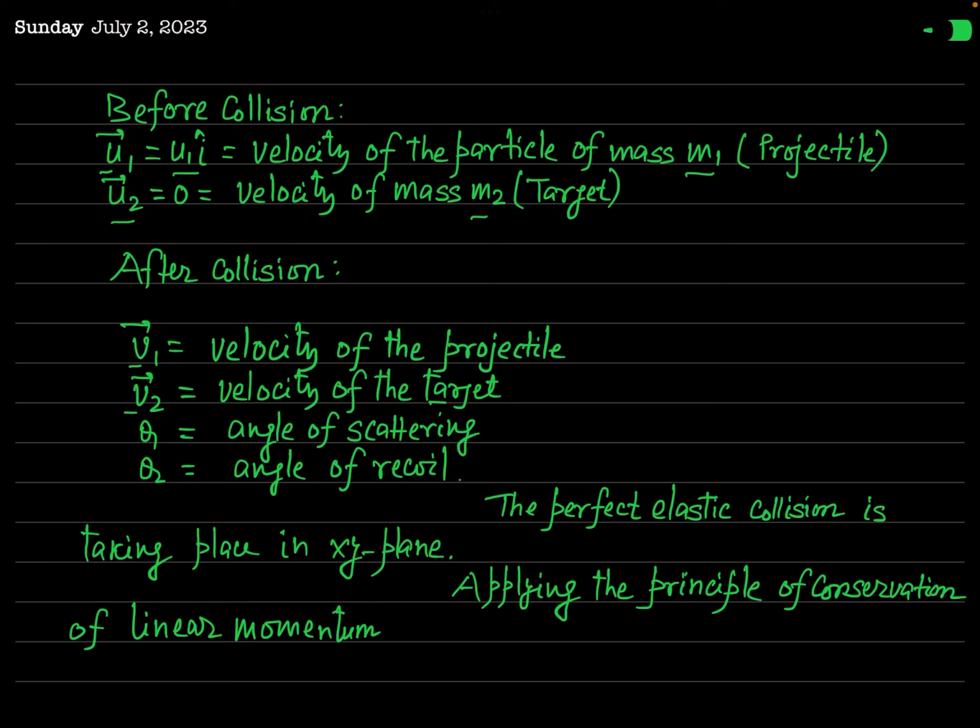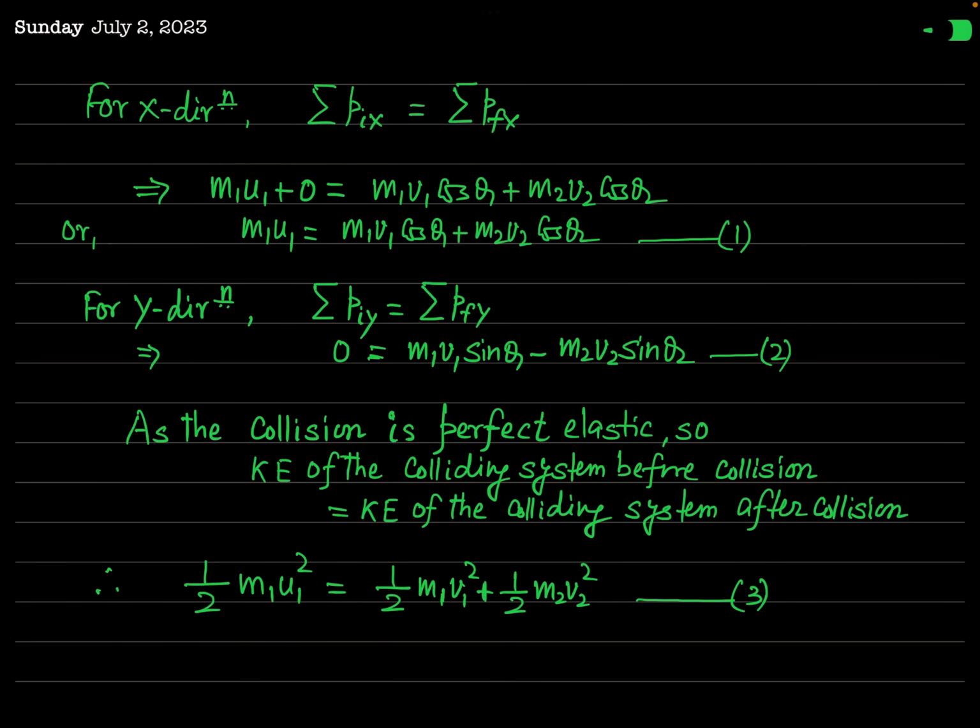Now, since momentum is a vector quantity, when you apply the principle of conservation of momentum, you can think about the components of the momentum. Actually, the total momentum before collision and after collision in the x direction and in the y direction both will remain conserved. So, if you apply the principle of conservation of linear momentum for the x direction, what will be your result?